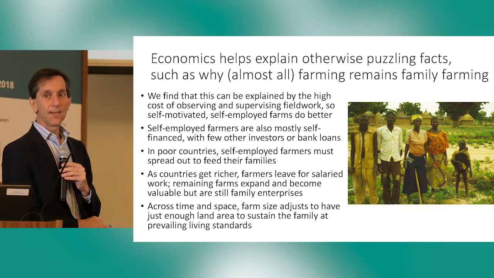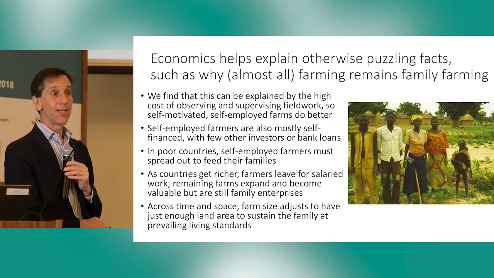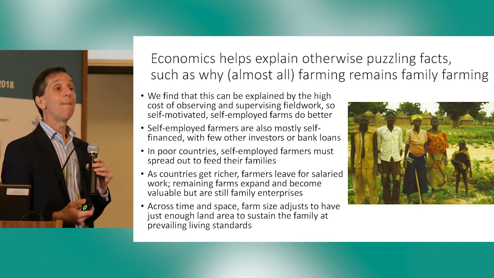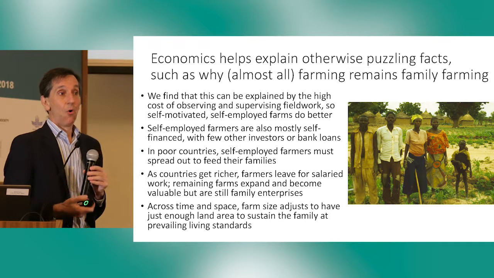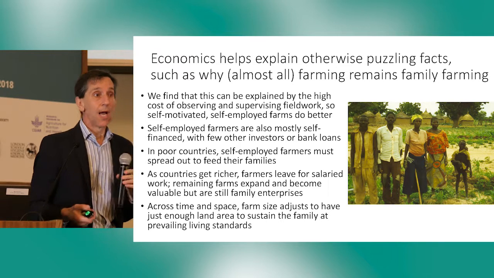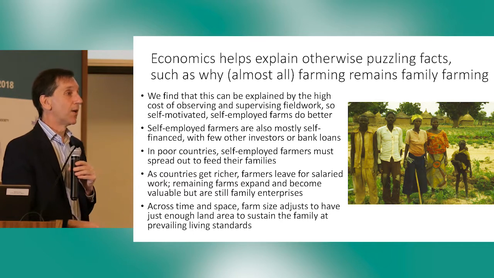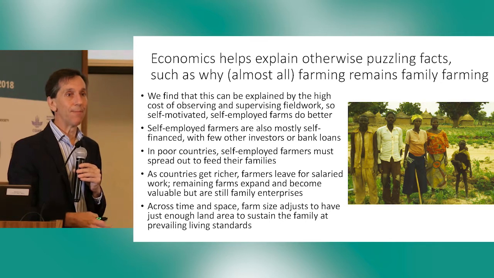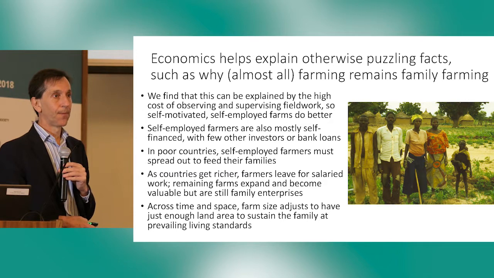Every single one of these is a family operation. It's mom, pop, and the kids, or just mom, or just the father, and might leave it to just one child. So 1 to 3 family members working on each farm.